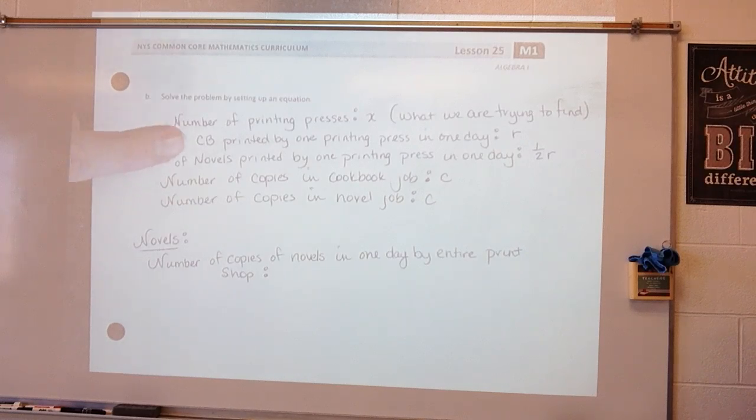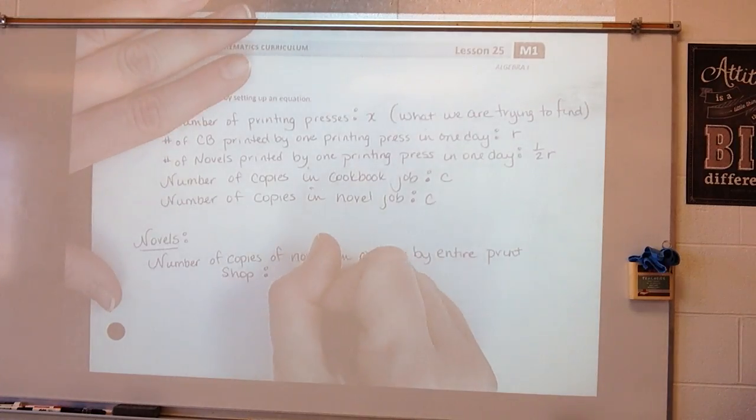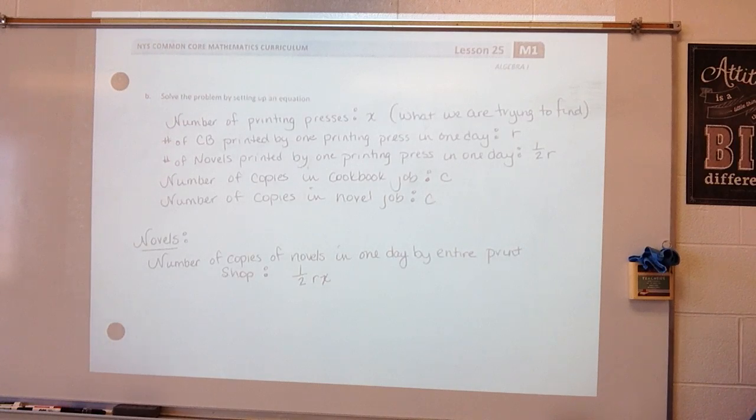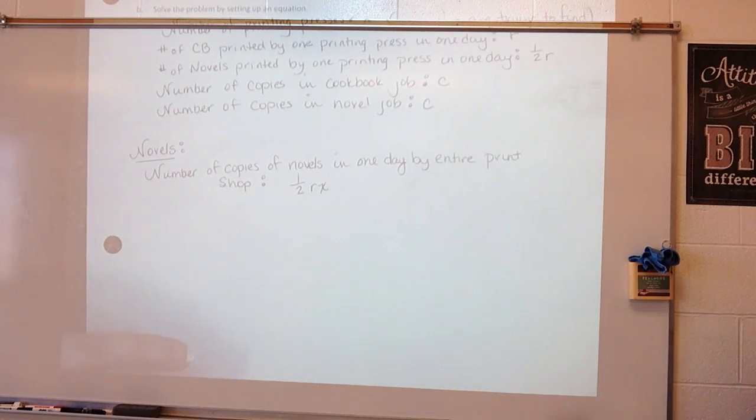Well, we said that the number of novels printed in one day by one printing press is 1/2 R, and the number of printing presses is X, so I would multiply 1/2 RX. That tells me the number of copies of novels printed in one day.